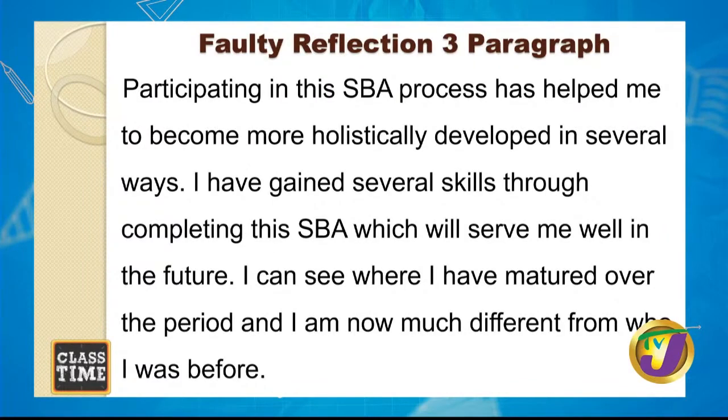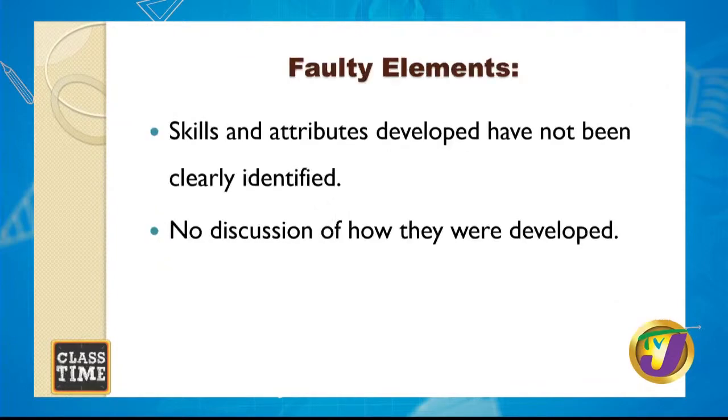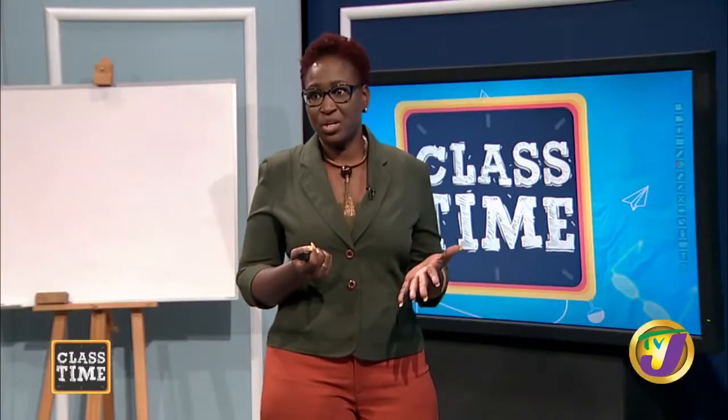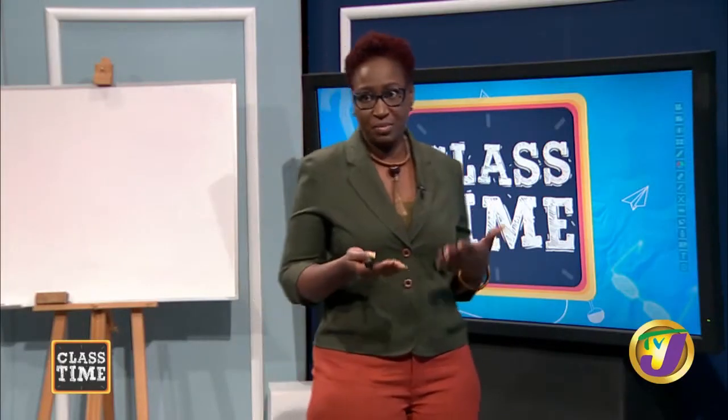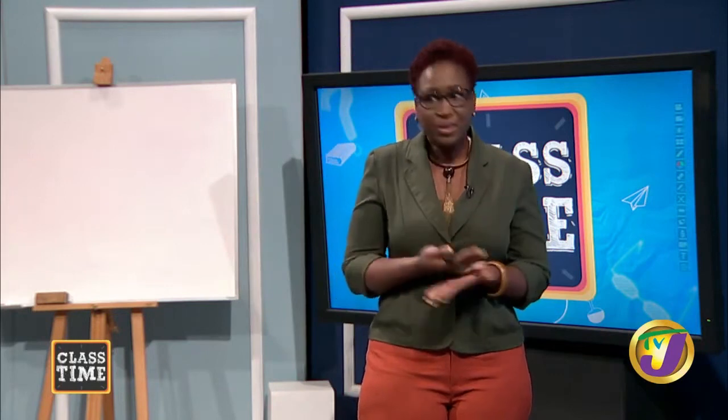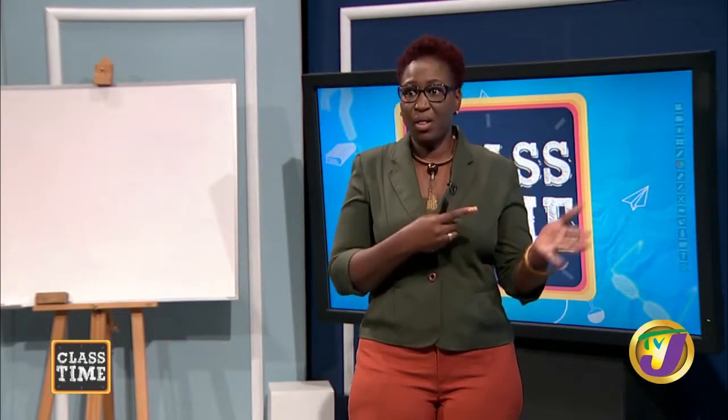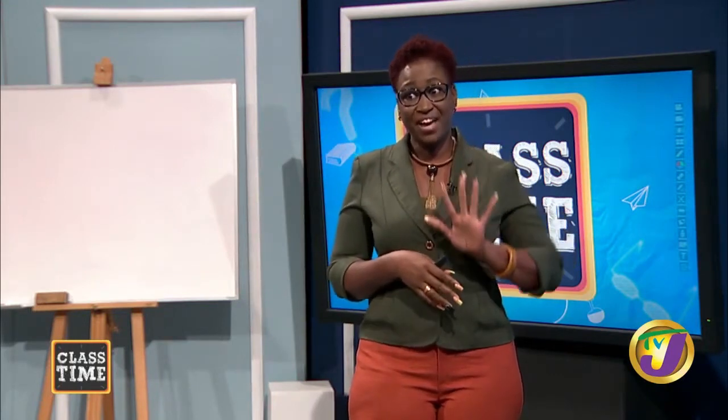All right, faulty reflection 3 now. All right. So, of course, the skills and attributes to be developed were not clearly identified. There was no discussion of how they were going to be developed. So you couldn't get the full marks. And remember, all 3 of those put together give you 5 marks.